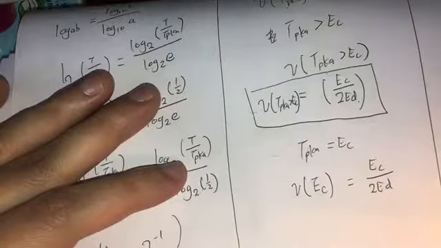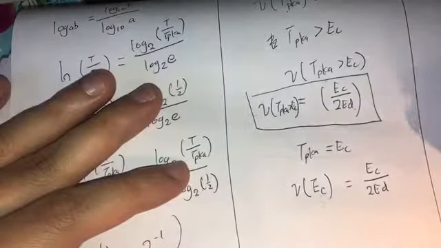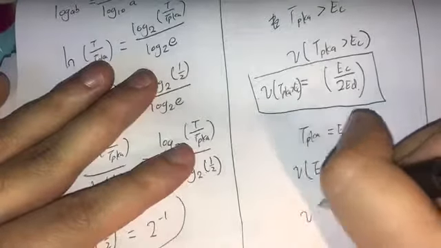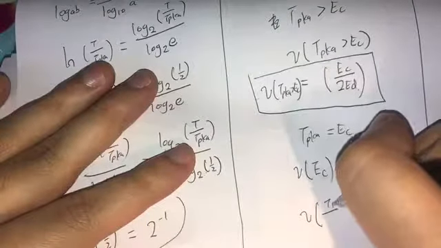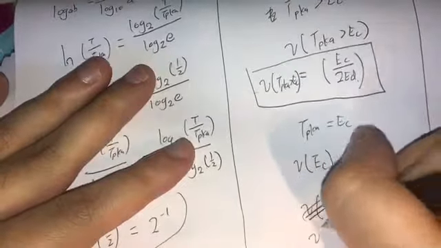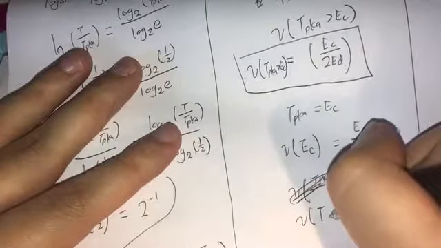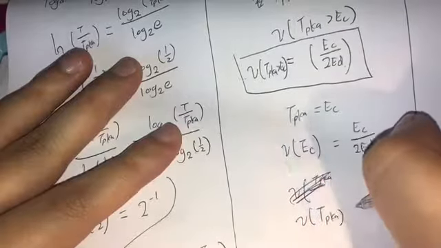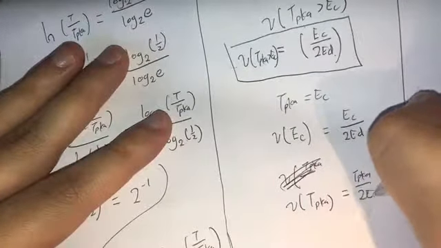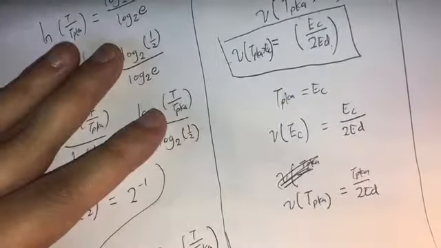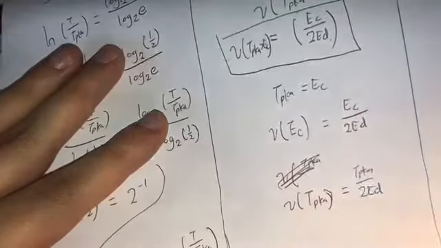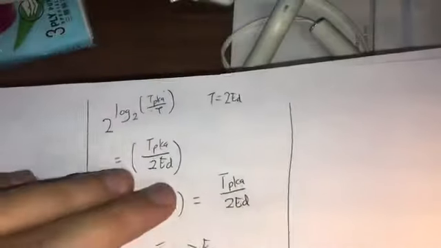So at slightly lower than this, what will be the characteristic formula? We'll just use this formula. So you can see there are already two regimes.